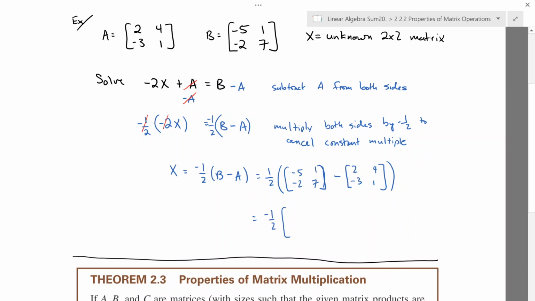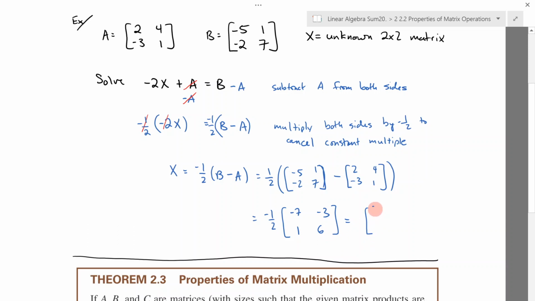So first the subtraction. So -5 minus 2 is -7. 1 minus 4 is -3. -2 minus -3 is -2 plus 3, which gives you 1. And 7 minus 1 gives you 6. And then the whole thing is multiplied by -1/2.